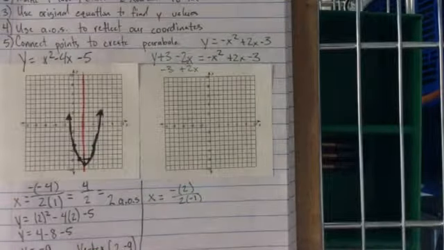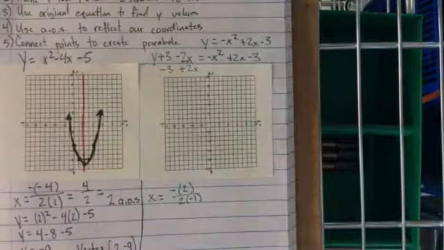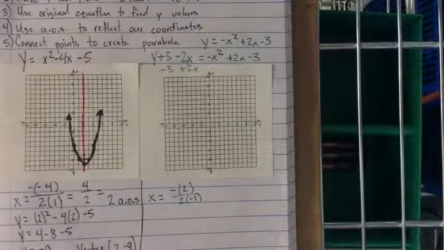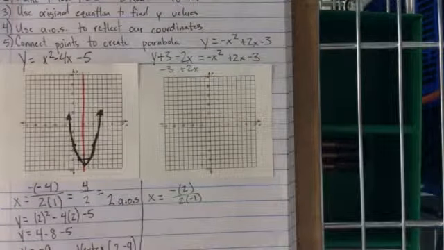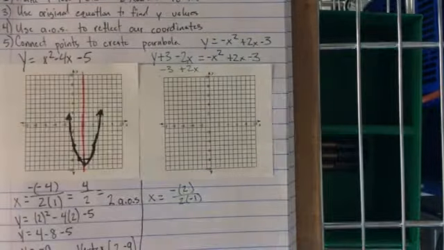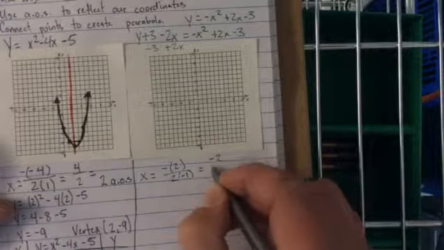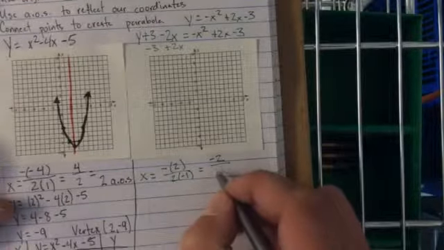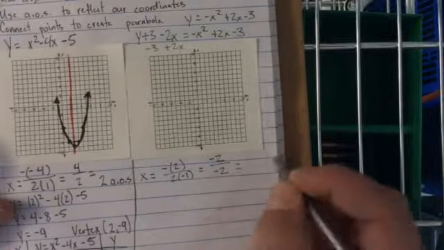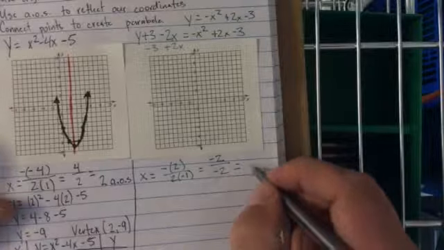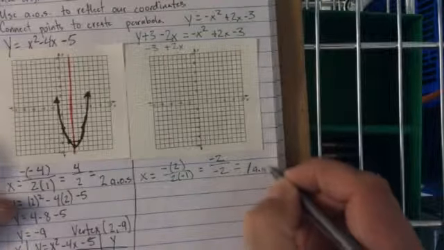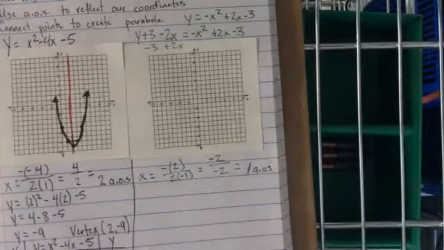So we have the negative of what b is over 2 times what a is. So the negative of 2 is negative 2. 2 times negative 1 is negative 2. Negative 2 over negative 2 is, and that's our axis of symmetry.